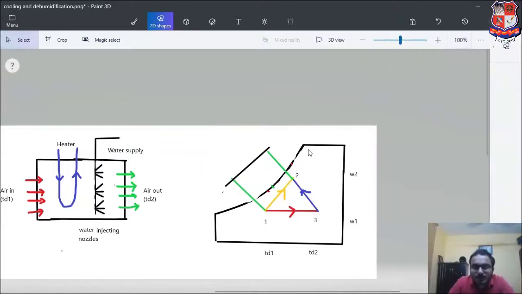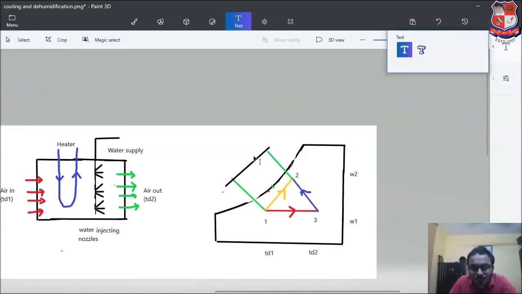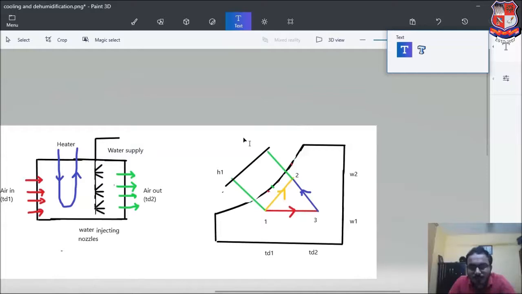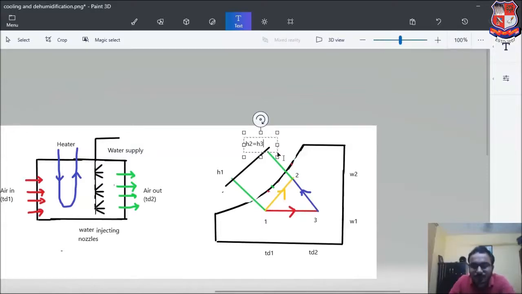Okay, so this will be here, this will be H1, and the next this will be H2 equal to H3. Okay, so we can copy this figure now.